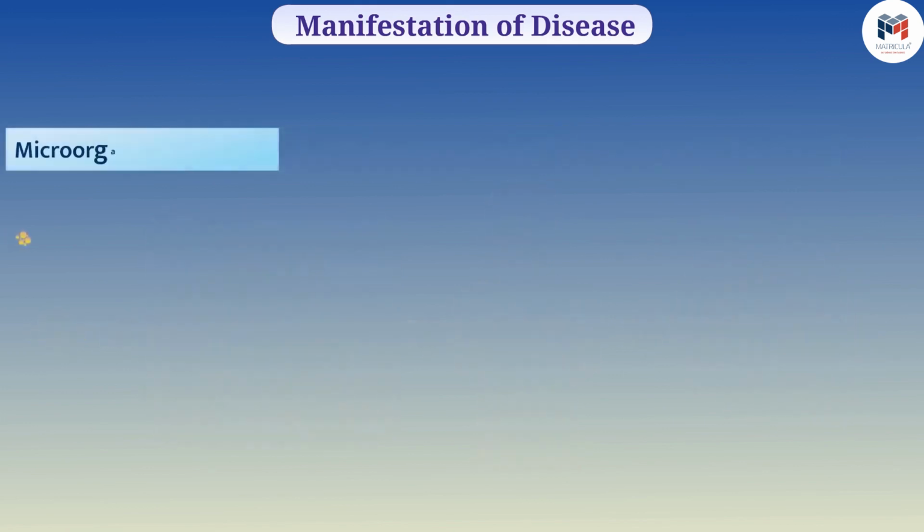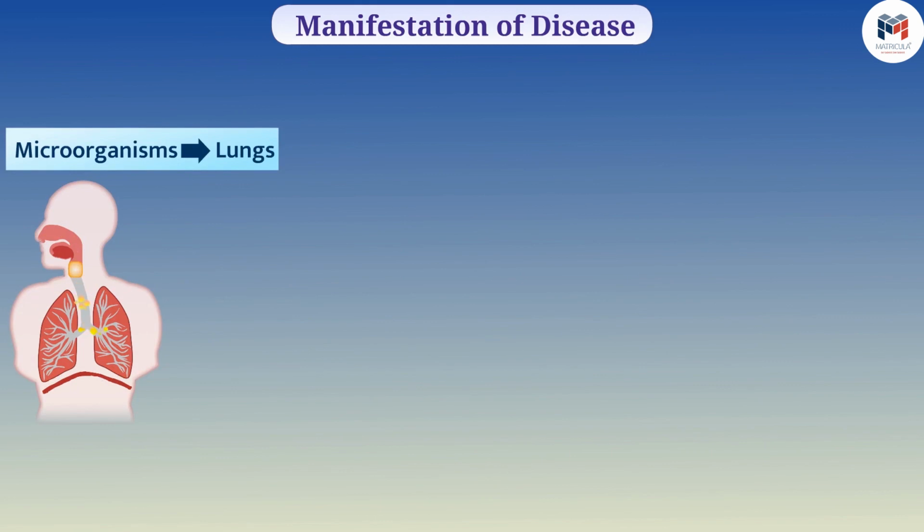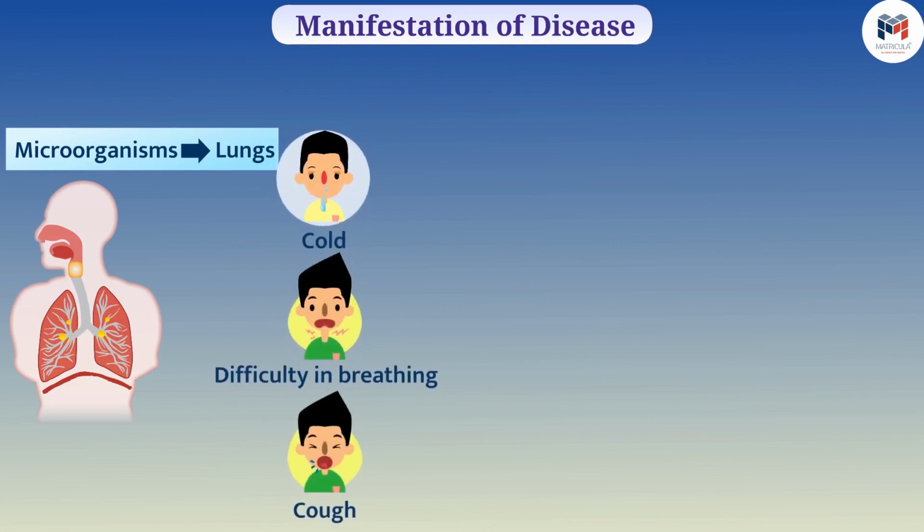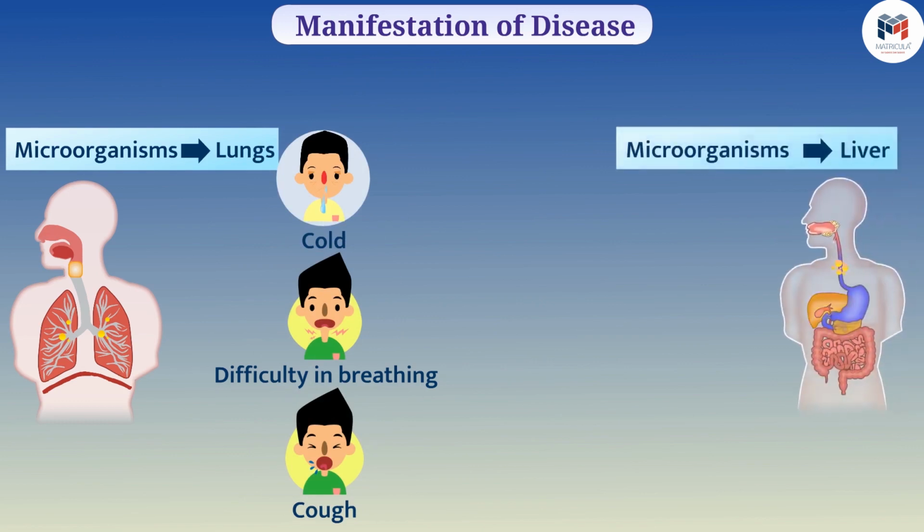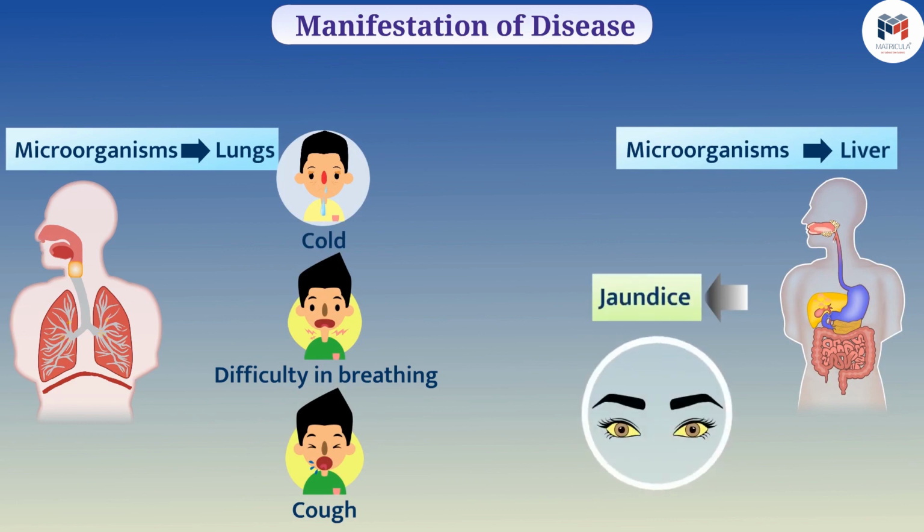If microorganisms live in the lungs, that is, the lungs are the target, then the symptoms will be cold, difficulty in breathing, cough, etc. Similarly, if the liver is the target, then the symptom will be jaundice.